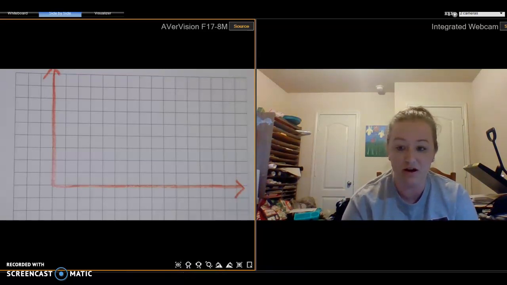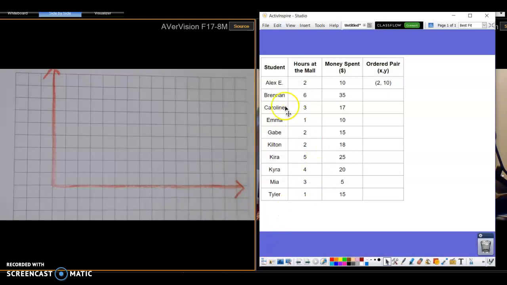I'm going to pull that up here. These are just some of the students that responded, and I just made up some numbers for how much money you may have spent at the mall. We know that we would probably spend a lot more money than what I have listed here, but to make our graph easy, I'm going to use those numbers.